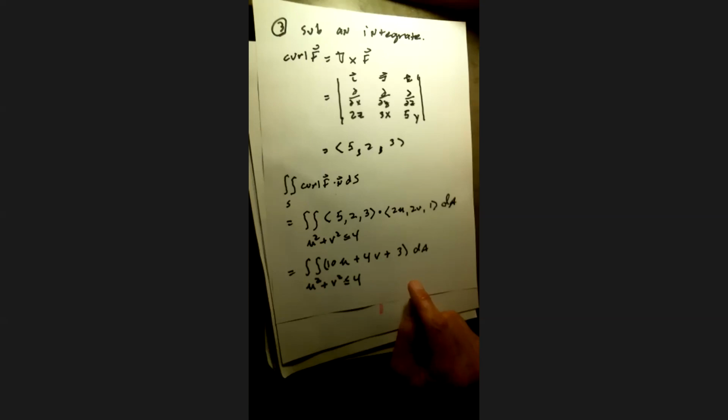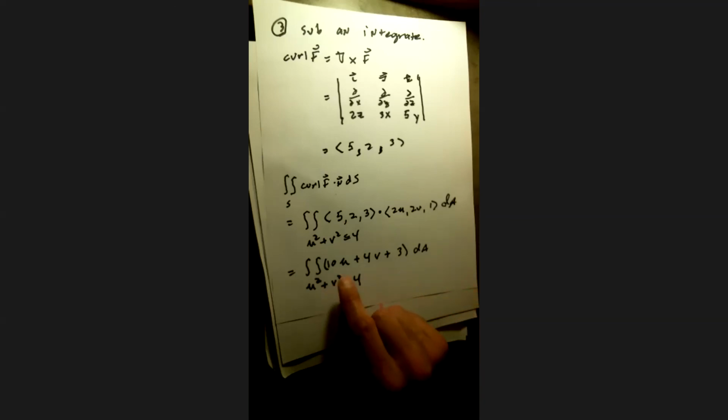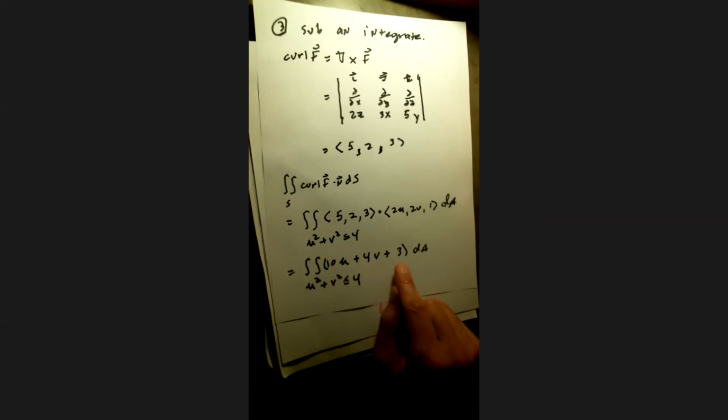But polar coordinates are, I mean, that's fine, and we can do that. But what I simply want to point out is that we could actually split this up into 3 different integrals, right? This is the double integral of the 10 u's plus the double integral of the 4 v's plus the double integral of the 3's. Does that make sense? There's sort of like 3 different parts.